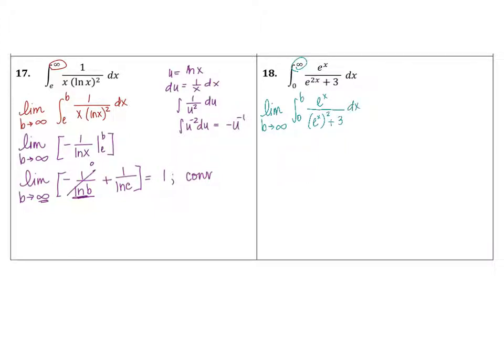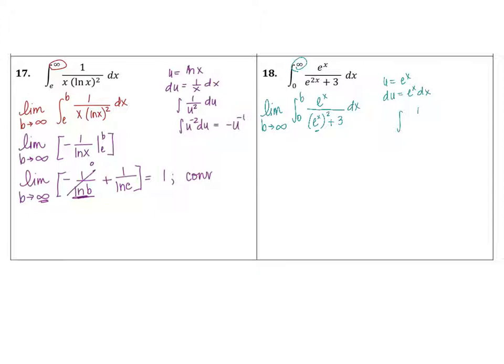Now over here to the side, I would let u be equal to e to the x, and of course du is going to give me e to the x dx. And so what we end up integrating over here, we're going to have the integral of, that's going to be u squared plus 3.